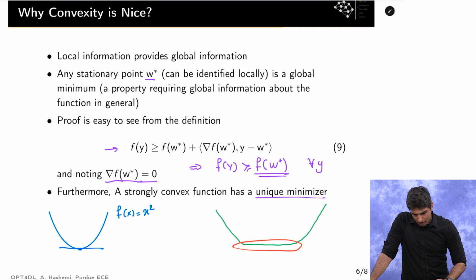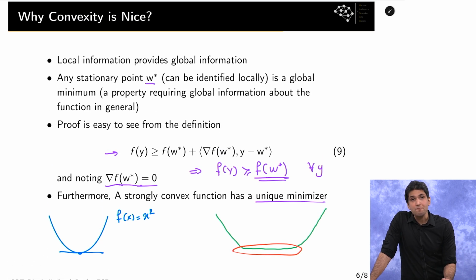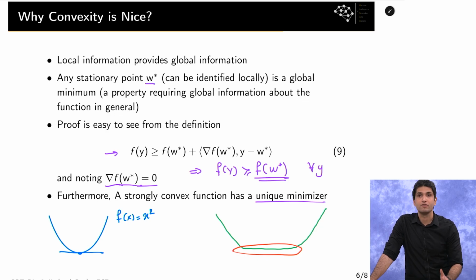All right, but unfortunately, convexity is not something that we typically see when we talk about optimization problems when training deep learning models, okay? And the reason I talk about convexity is, again, to distinguish it from the loss functions that we typically deal with when analyzing deep learning training problems.